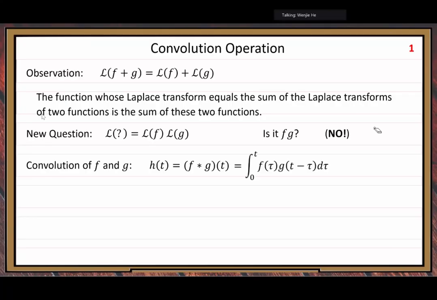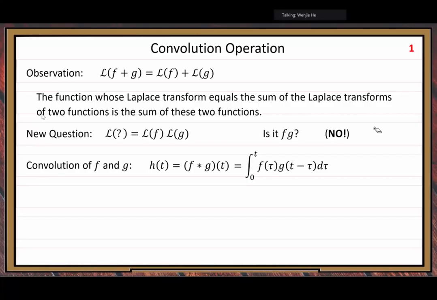The definition is the integral from 0 to t of f of tau times g of t minus tau, d tau. The dummy variable is tau, and t we treat as a constant. So this is the product in this special way, the definition of the convolution operation.